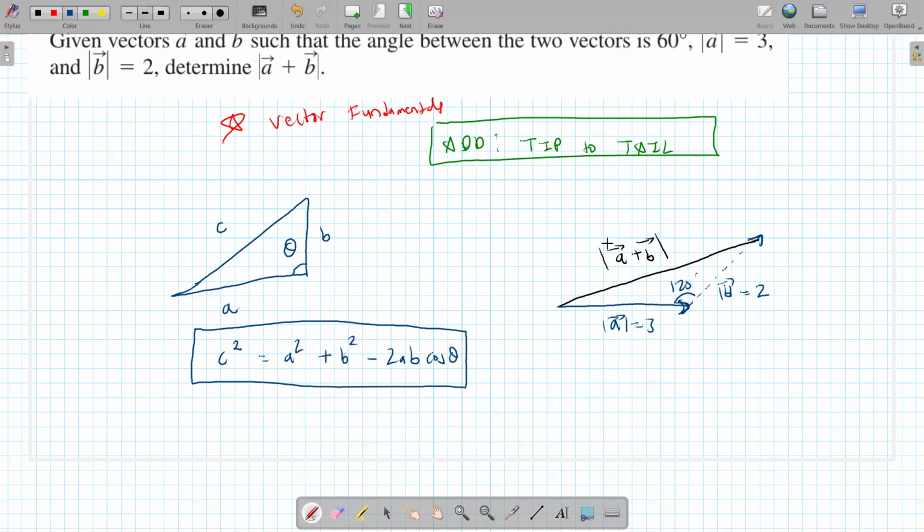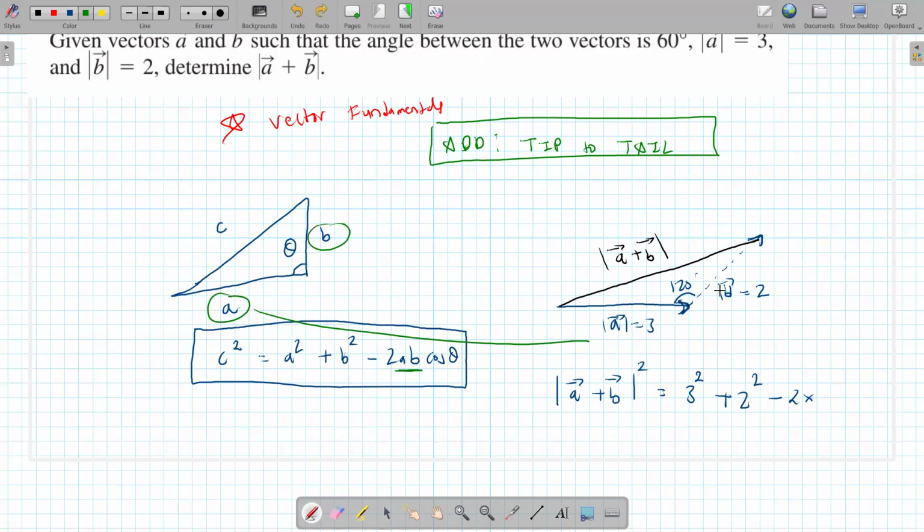All right, now we're going to use this formula to answer this problem. The magnitude of a plus b squared equals a squared, so 3 squared, plus b squared, 2 squared, minus 2 times 3 times 2 times cosine of 120.